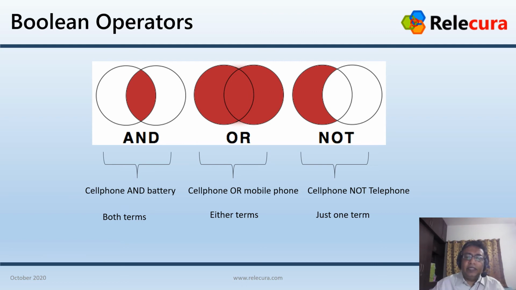All the patents which are talking about telephone will be discarded, and all the patents belonging to the cell phone keyword will be covered for you. As written here, just one term will be covered.